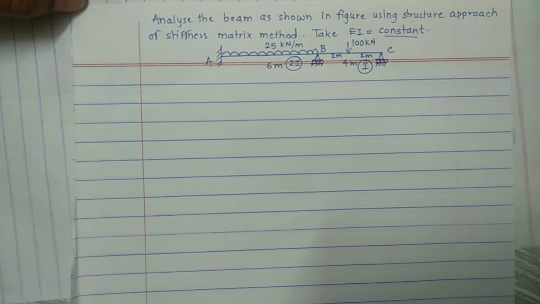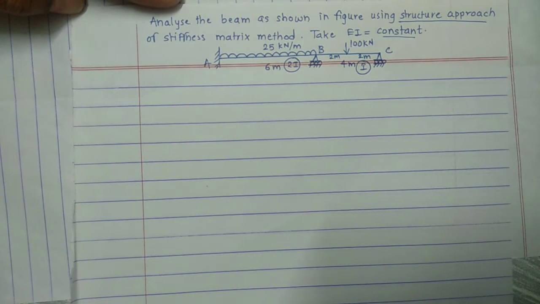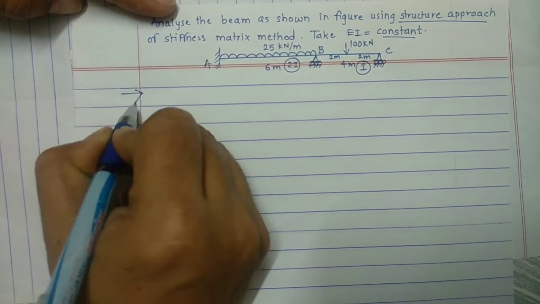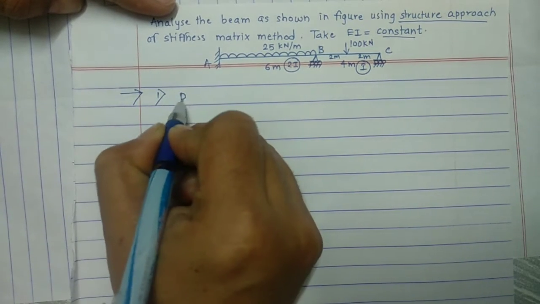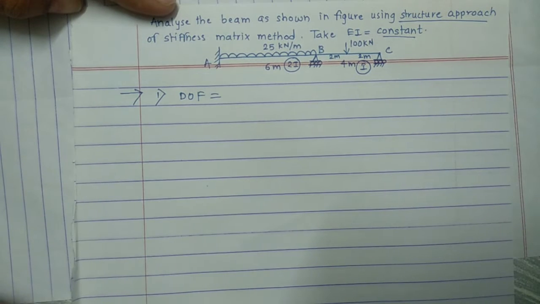Now let us solve this problem using the structural approach of the sequence matrix method. Recall the steps. The very first step is to calculate the degree of freedom. Here, see the problem statement figure. Three nodes are given: A, B, and C. A is a fixed support, B roller support, C roller support.